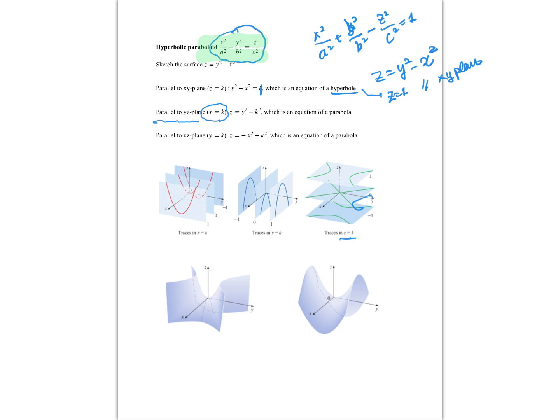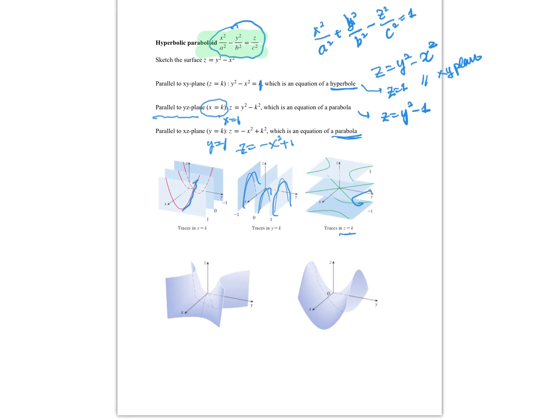Let's plug in x equals 1: z equals y squared minus 1. This one is a parabola. Third is parallel to the xz plane, y equals k. Let's say y equals 1: z equals negative x squared plus 1. That's another parabola. That's why they sketch it this way, from a different angle, so that you have this surface.